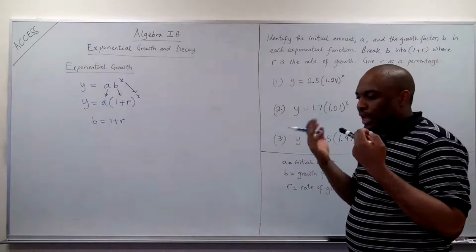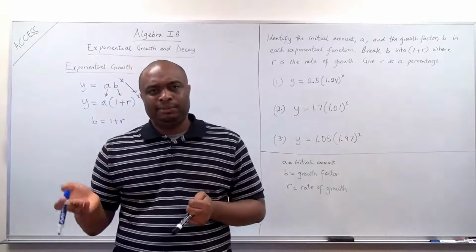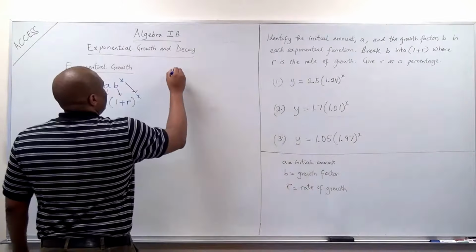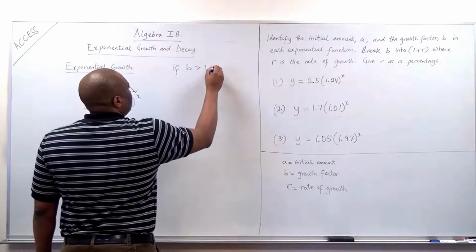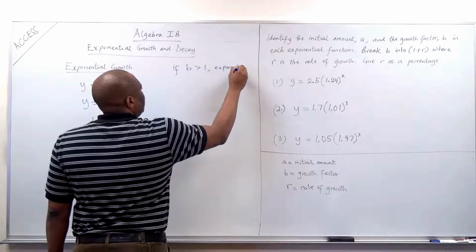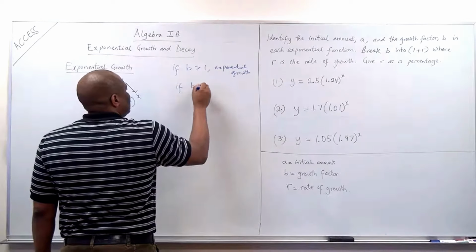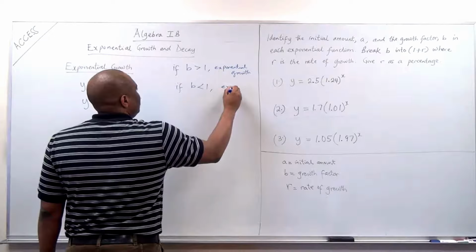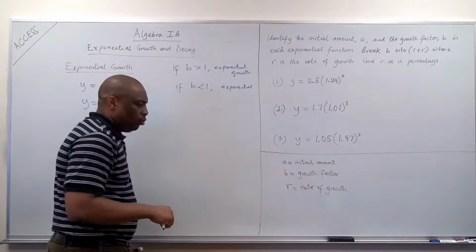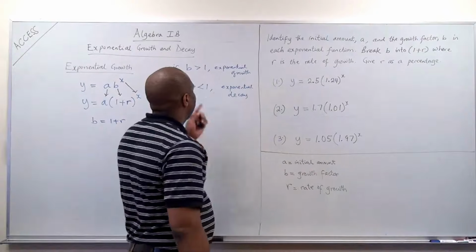Now, you know that if b is greater than 1, then you have an exponential growth. And if b is less than 1, then you have an exponential decay.